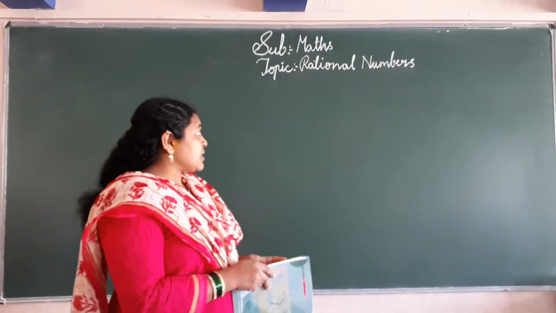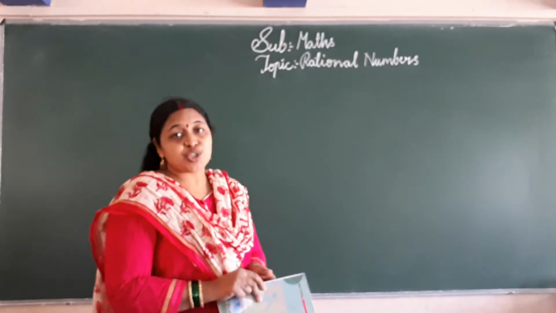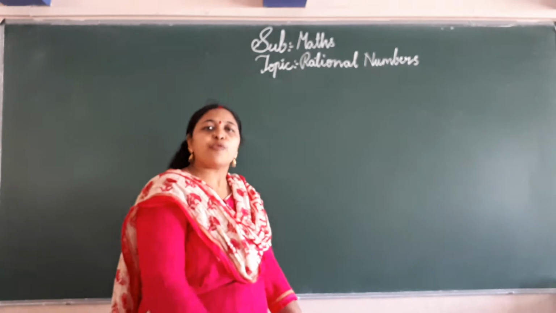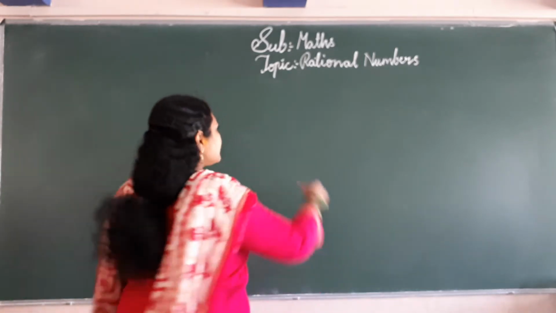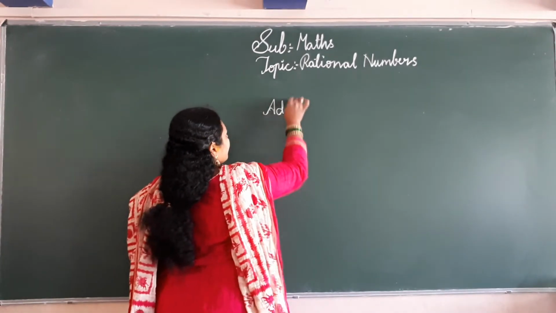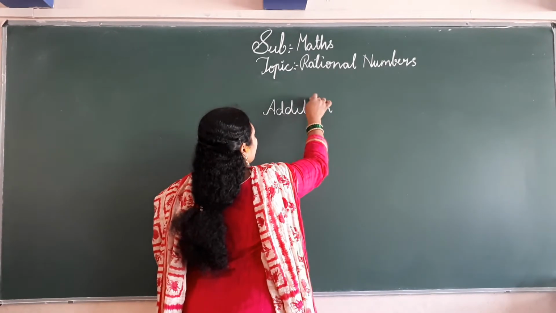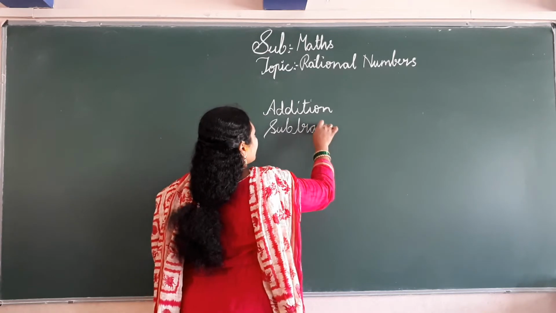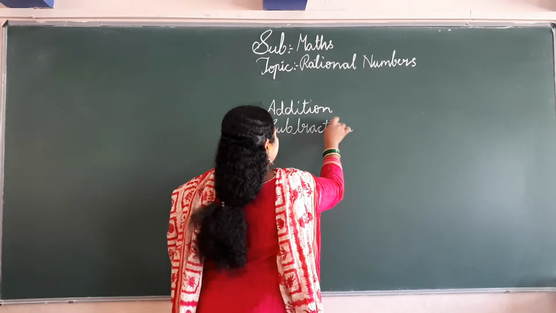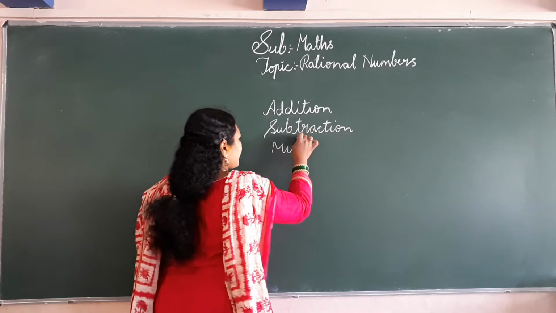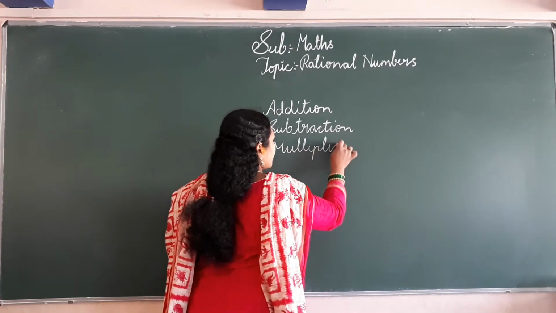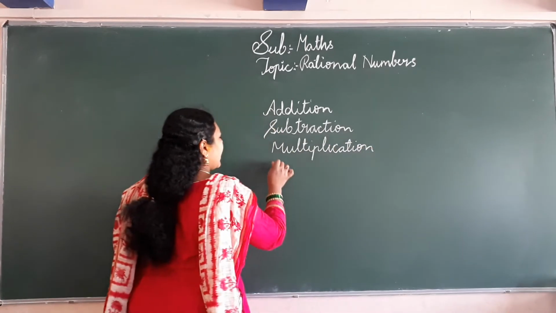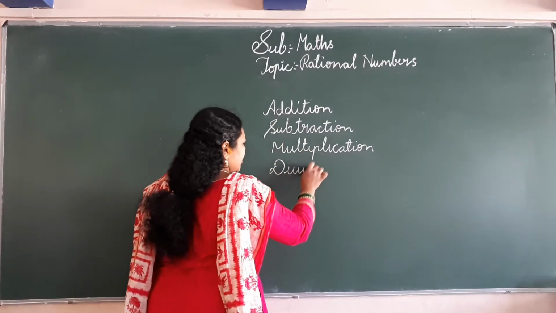So now we will see the other operations of rational numbers. What are the basic operations that we know from our childhood, children? That is addition, subtraction, multiplication and division.